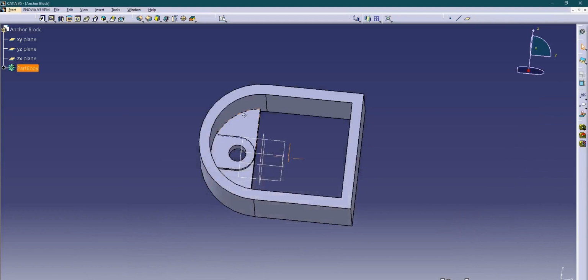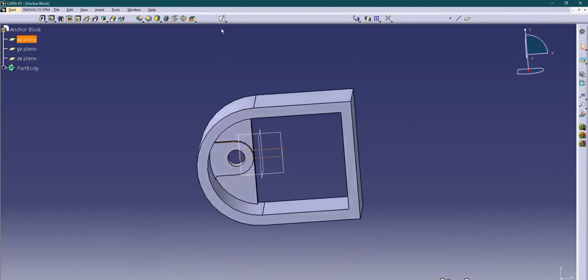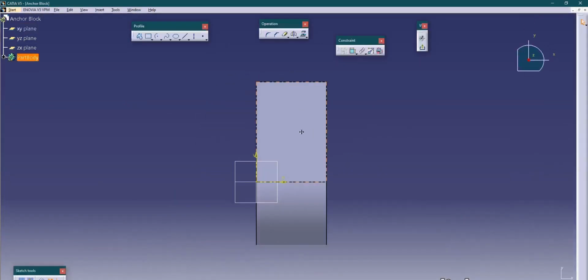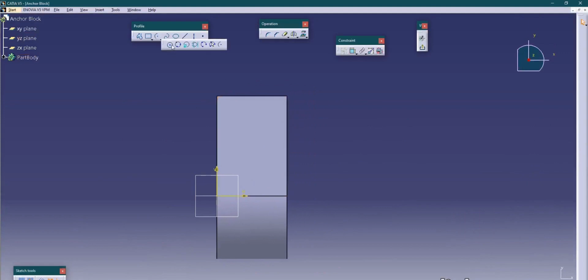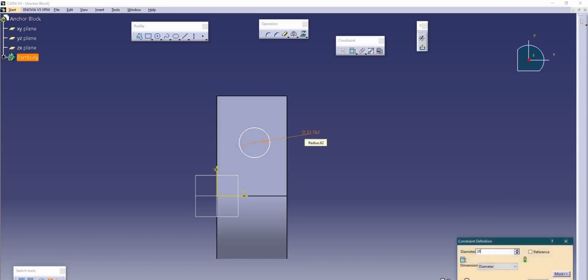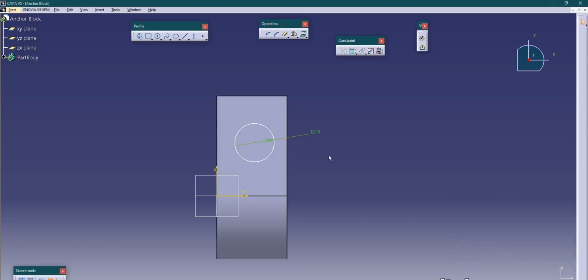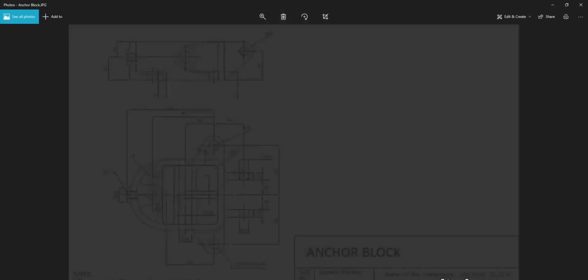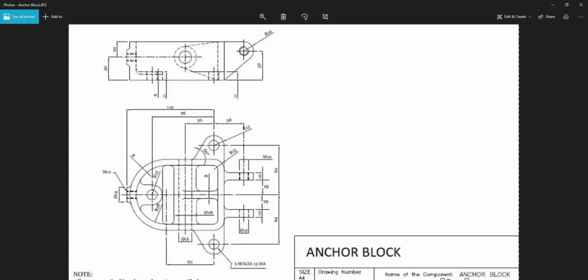So take this plane, 28, which is 30 from this face.